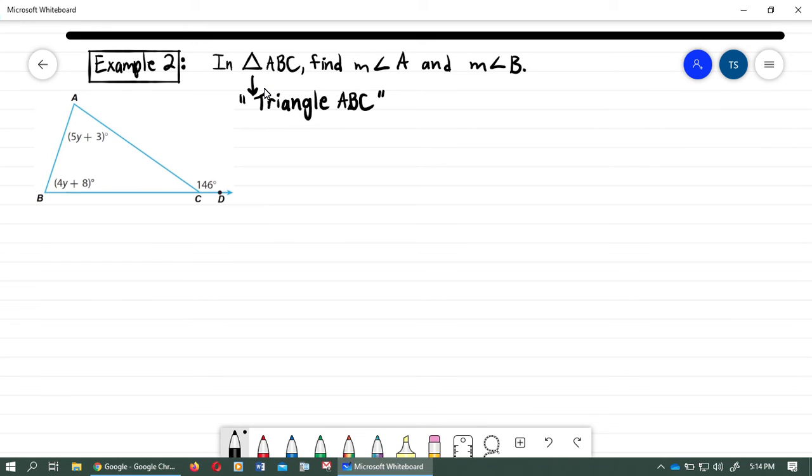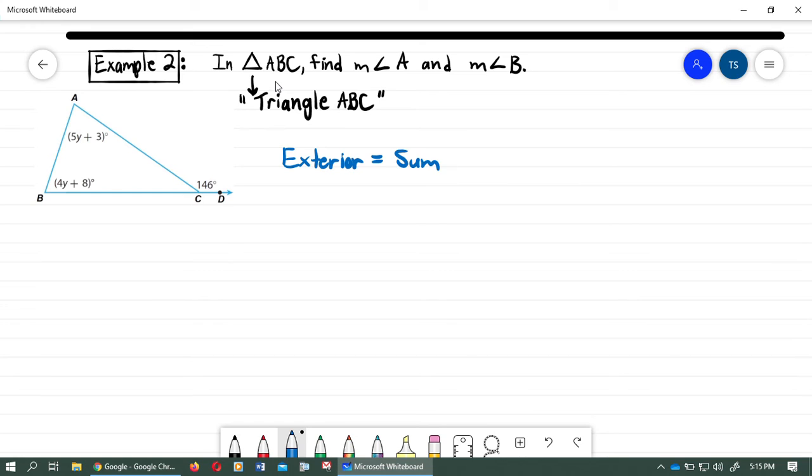So again, in triangle ABC, find the measure of angle A and find the measure of angle B. If that's what they want us to do here, then the easiest way for us to do it is to realize that the measure of the exterior angle that we've got is equal to the sum of the two non-adjacent or two remote interior angles.